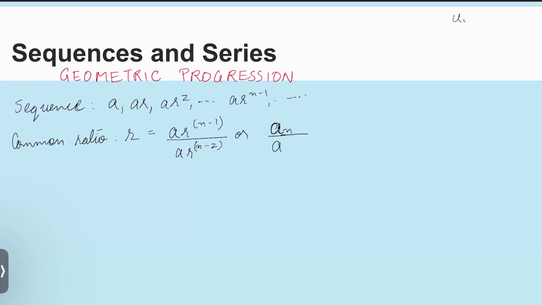Either way you can get it, but to get your common ratio with r would be difficult, we first have to find r. Okay, so you can use both these formulas, and then your general term, your an, is going to be ar^(n minus 1).